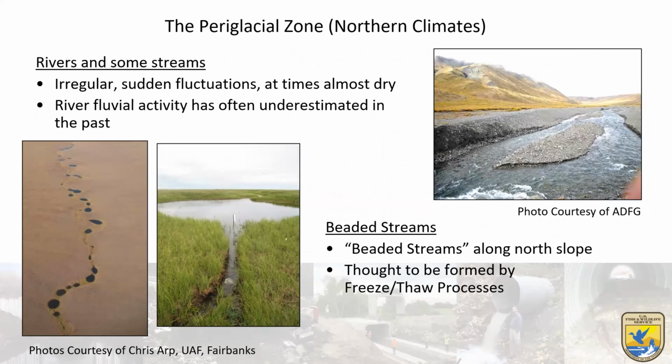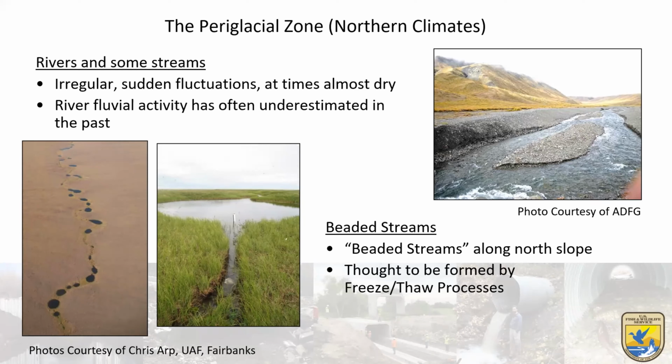Also, the hydrology is irregular. There are sudden fluctuations. It can be dry sometimes. As in many parts of the state, there can often be underestimation of the flood flows, and there are interesting things you only find in the Arctic, like these beaded streams.